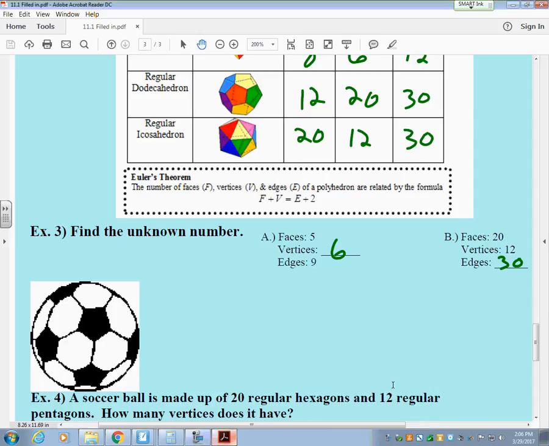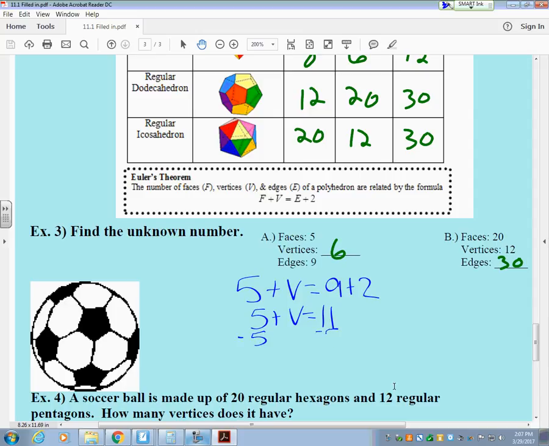Okay, so find the unknown number. So if we have 5 faces and 9 edges, and we access the equation here, f plus v equals e plus 2, we have 5 faces plus v vertices equals 9 edges plus 2. So it's 5 plus v equals 11.